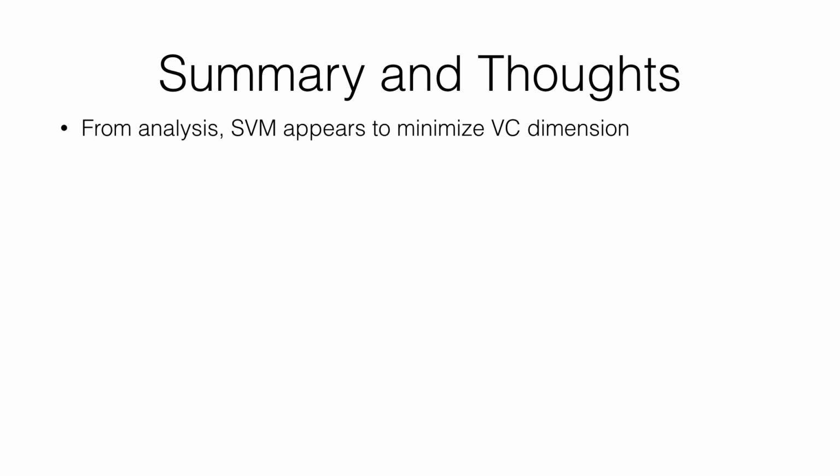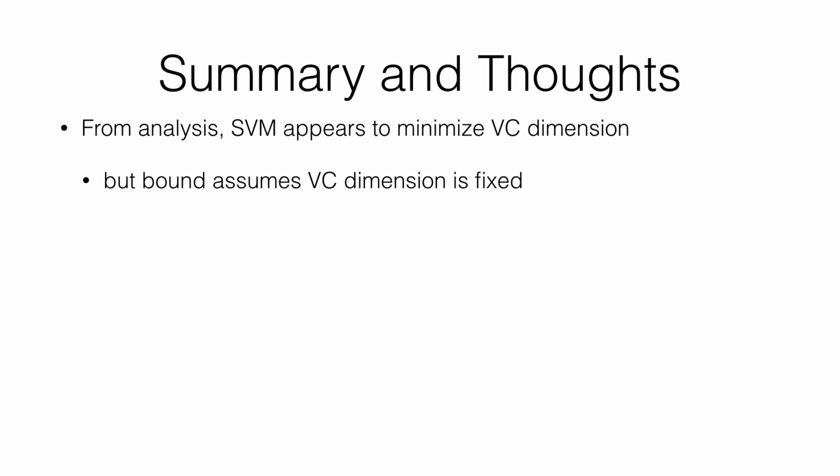And I'd like to just summarize and try to put this all in context. So first to summarize, from the analysis, SVM appears to minimize VC dimension, but that's not exactly what's going on. This is true, right? SVM does minimize the VC dimension, but the bound that I showed you assumes that the VC dimension is fixed.